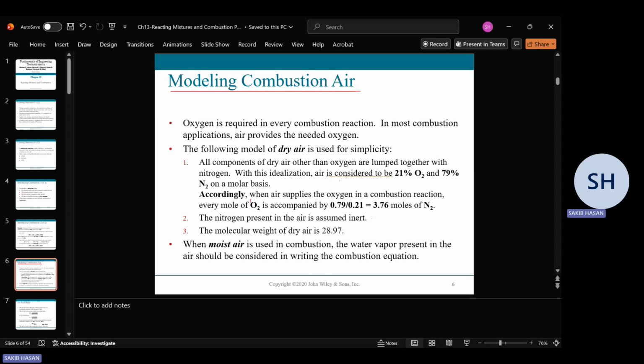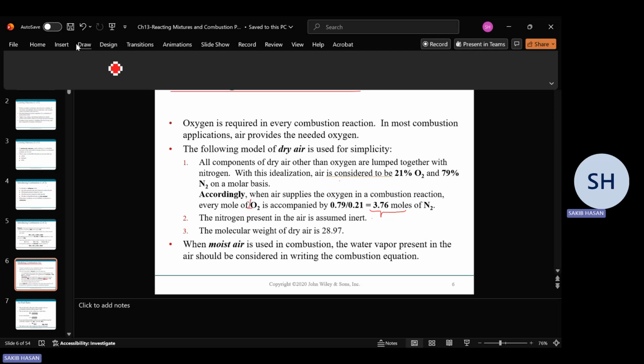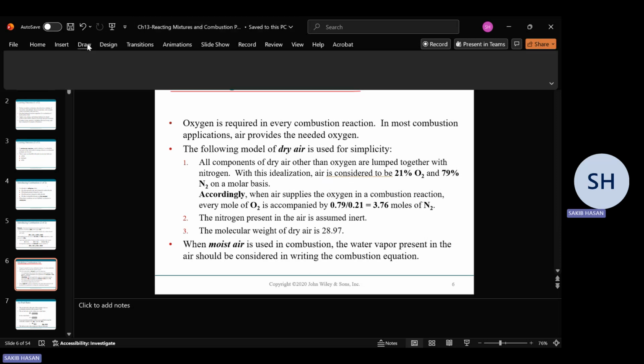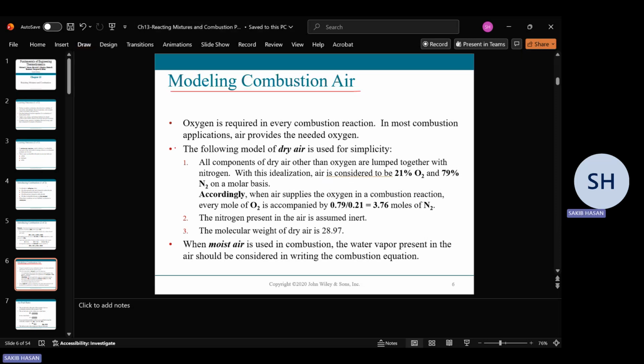For every 1 mole of oxygen, you will find that you're taking in 3.76 moles of nitrogen into your system. Now, we also know for a fact that nitrogen happens to be extremely chemically inert, so it won't react in most circumstances.